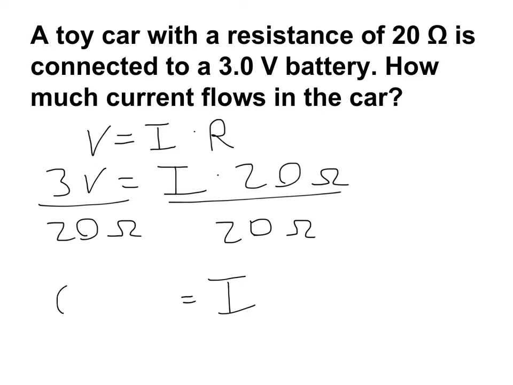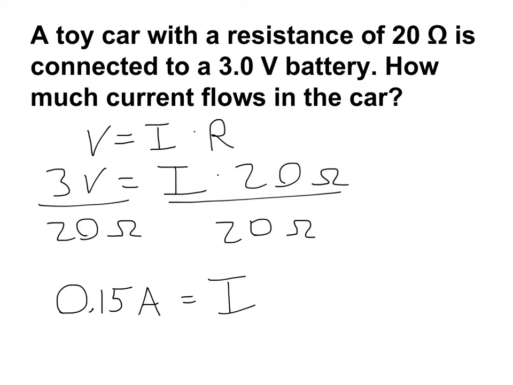And you end up with 0.15 amps of current. Pretty basic problem, but make sure you show all of your work. We wrote down our equation, we filled in our numbers with the correct units, we showed how we solved it, and we have our answer with the correct units.